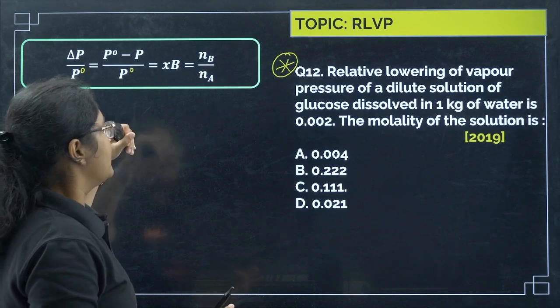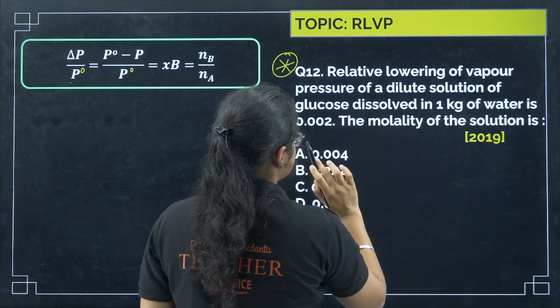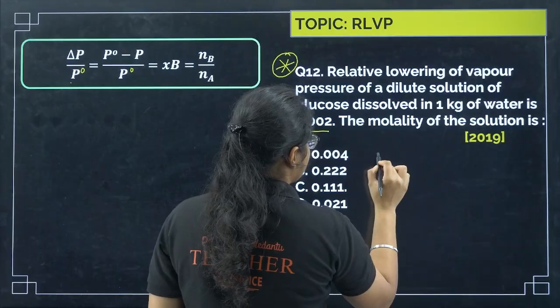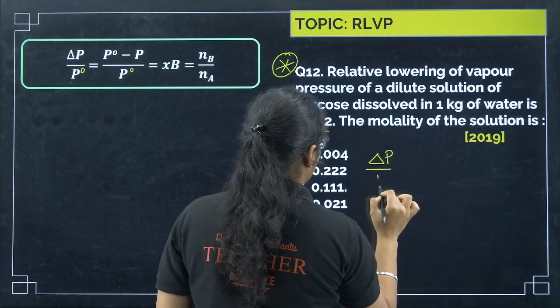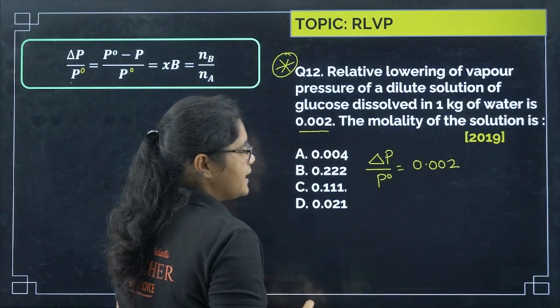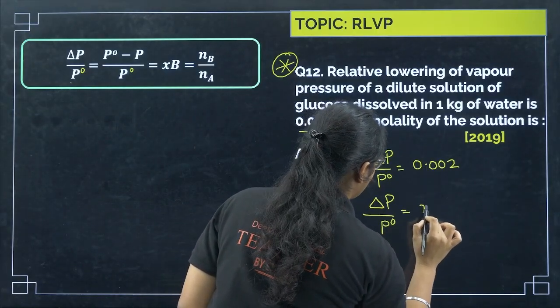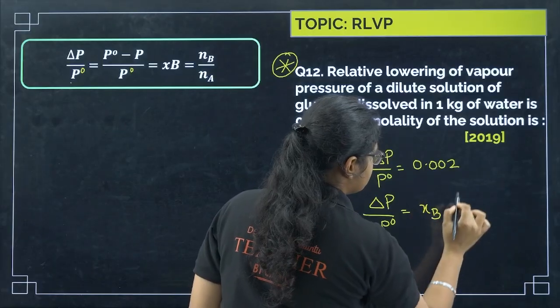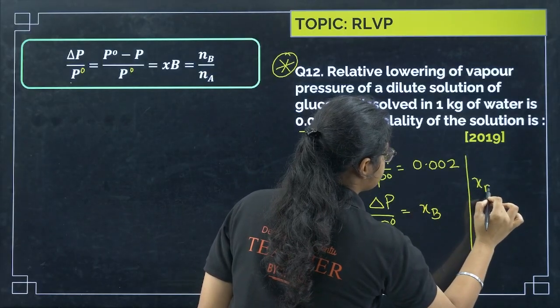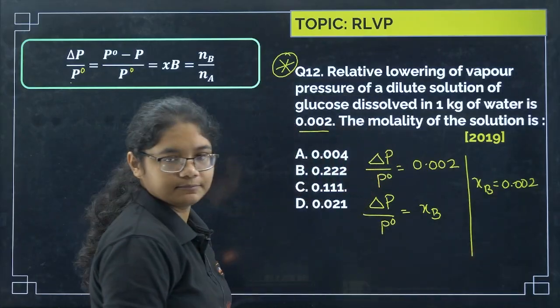This we know. Here, first of all, the relative lowering of vapor pressure given to me is this much. So I can write delta P by P naught is equal to 0.002, right? And I also have delta P by P naught is equal to XB. So I can say from these equations that XB is equal to 0.002, right?